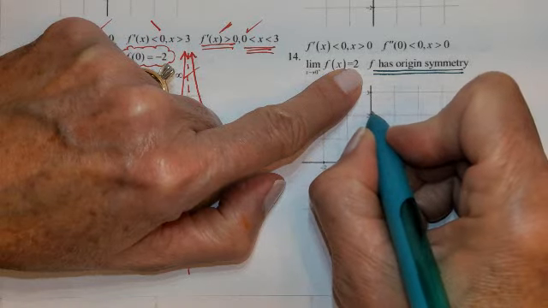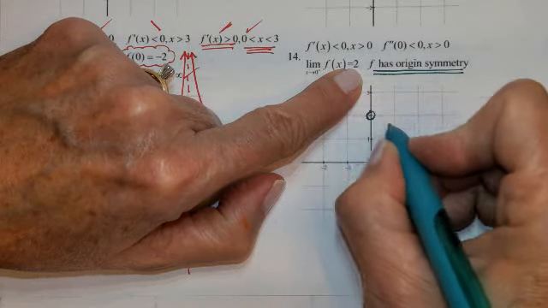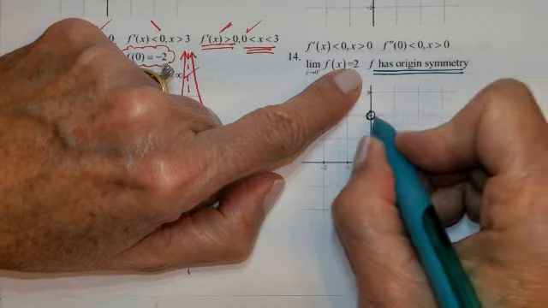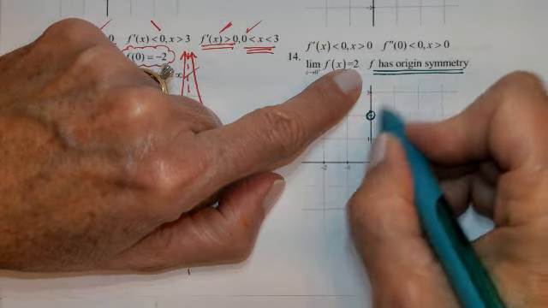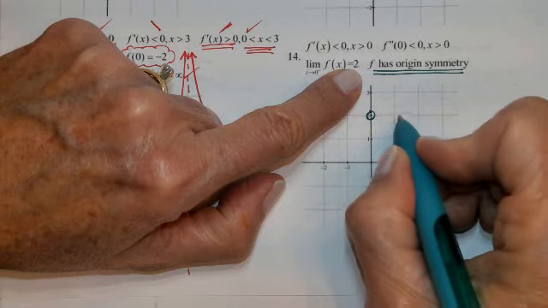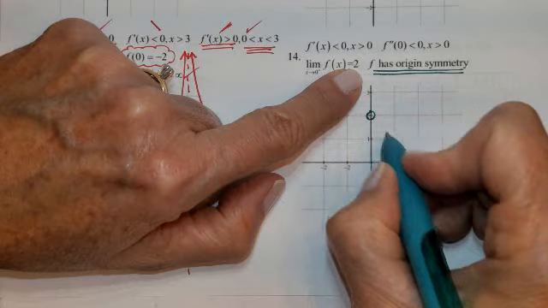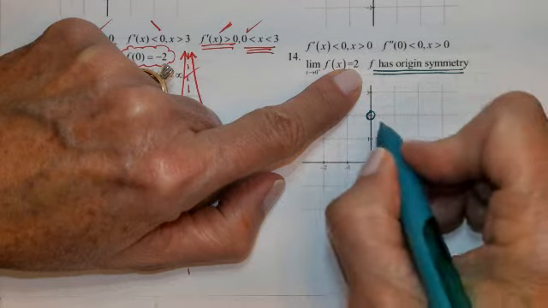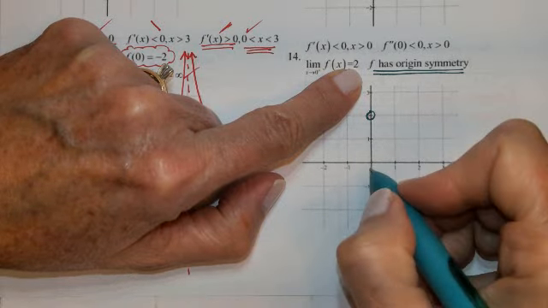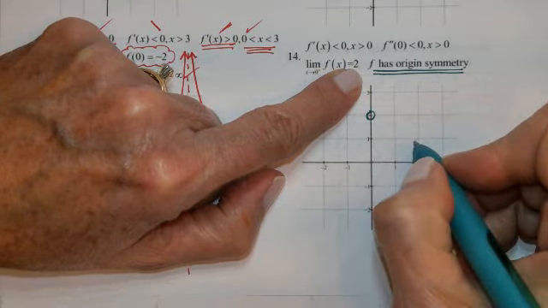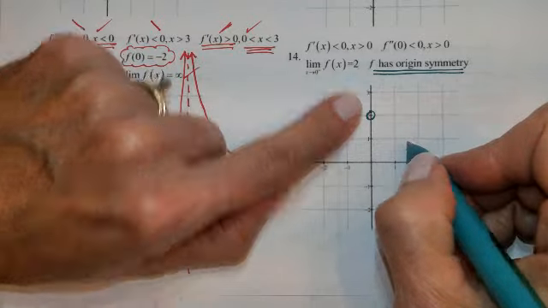So even though they didn't give me a point, I know from the right the function is going here. Maybe it's coming from above, maybe it's coming from below, maybe it's coming sideways, I don't know, but it's going there. Maybe it hits it, I don't know, but I know it's going there.